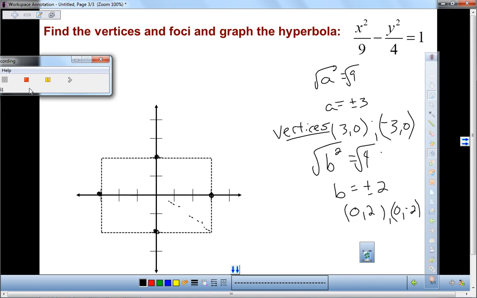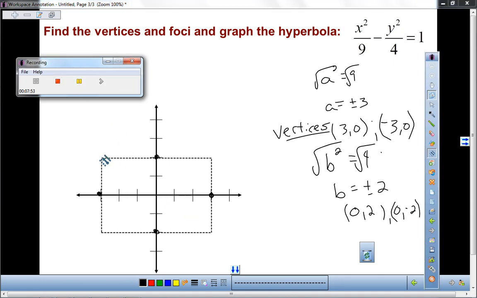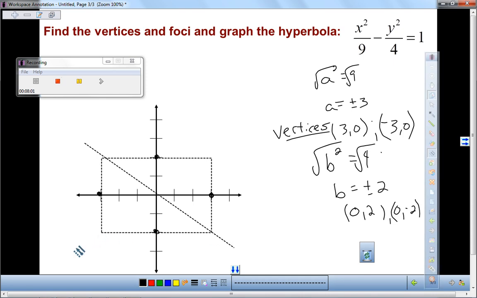Well, that's not too good. Alright, so we're going to draw in our asymptotes, and it's going to be diagonal through our box. So that's one asymptote, and that's our next asymptote.